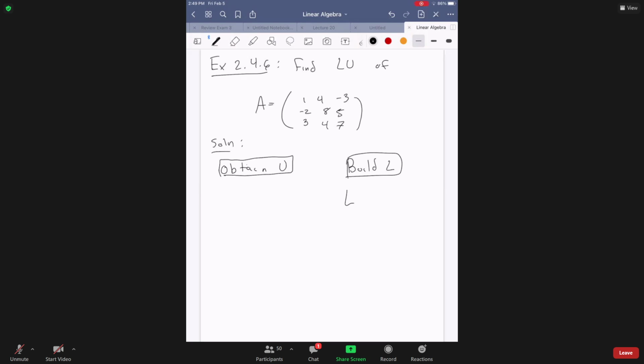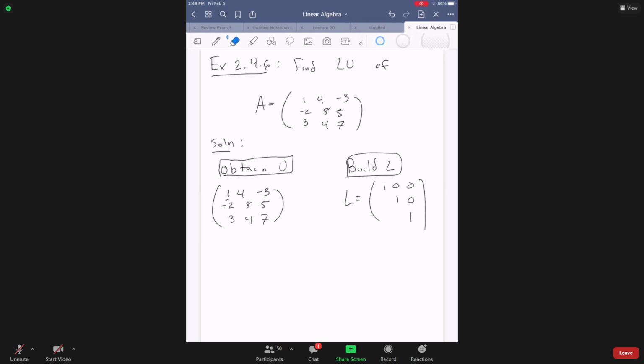So for your L, always start off with 1s on the diagonal, whatever the size of your matrix is: 1, 0, 1. And then you're going to build the lower part here. So start off with A: 1, 4, -3; -2, 8, 5; 3, 4, 7.